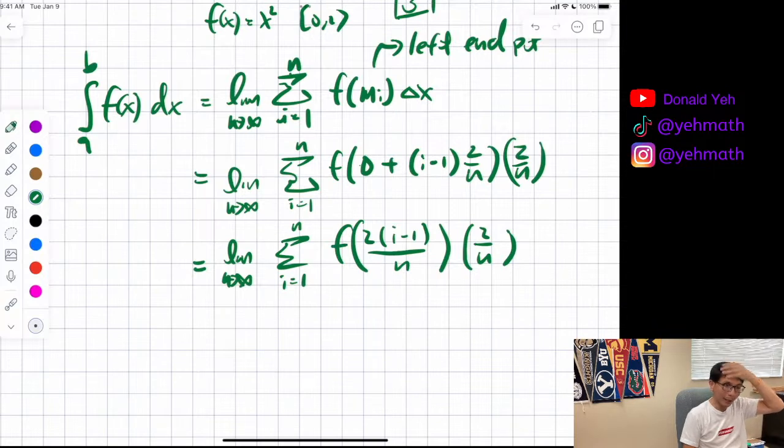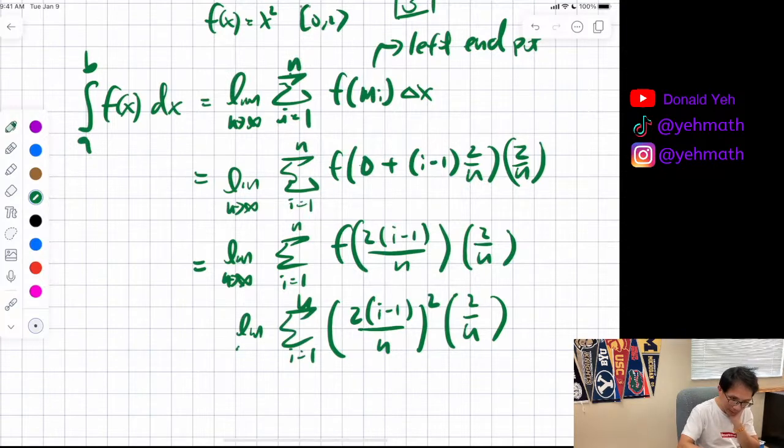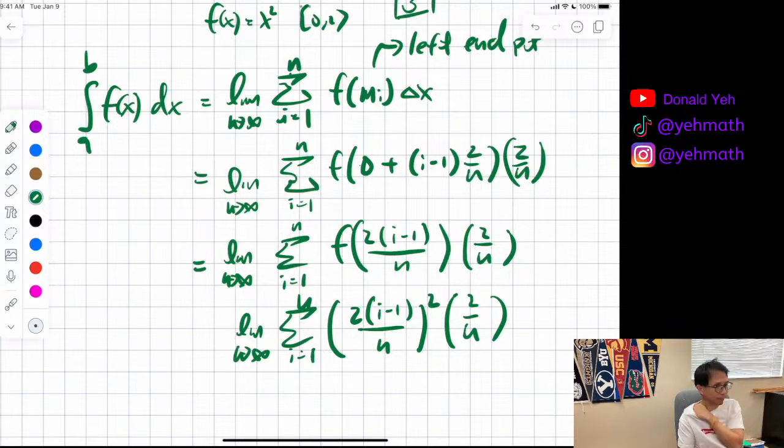Now with that being said, I'm going to plug in the square. So I'm going to plug in 2 times i minus 1 over n, squared, times 2 over n, and summation of i equal to 1 and limit as n approaches infinity. Now I just want you to focus on a constant.